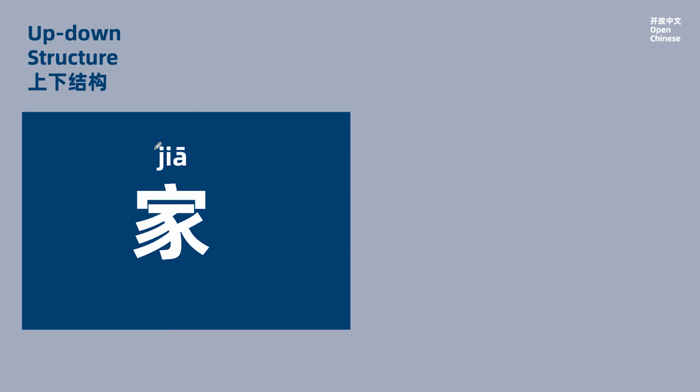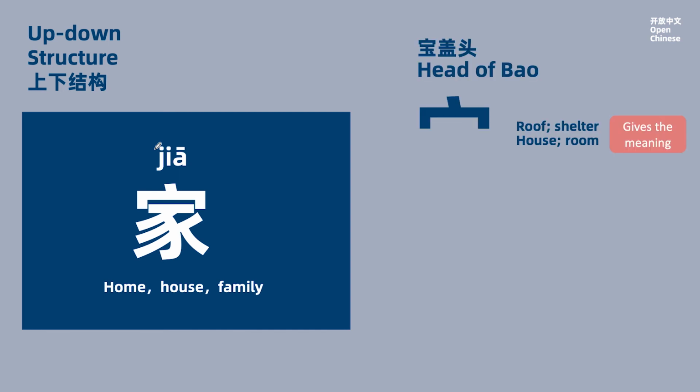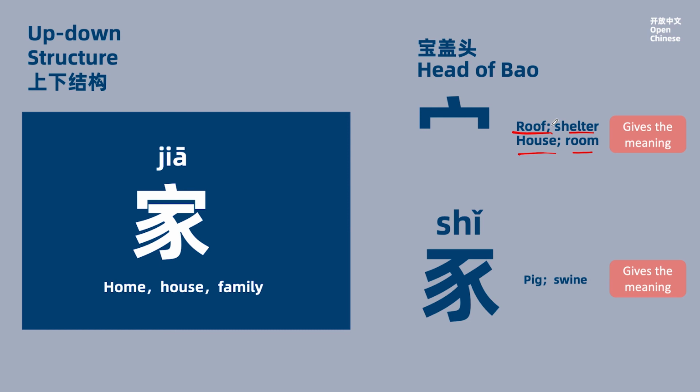This is pronounced 家, meaning home, house, or family. This is a very commonly used character, family, 家. Okay, 家 has a 宝盖头, the head of 宝, meaning the roof, a shelter, a house, room. And then the lower part is called 豕, pig or swine. So 豕, pig, swine. This is also a meaning-making process in the agricultural society. Imagine we have a house and then we have a pig, right?